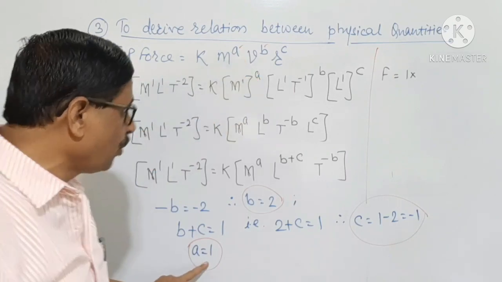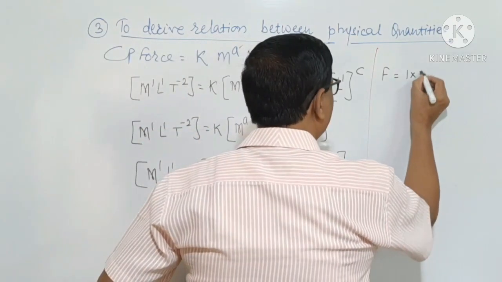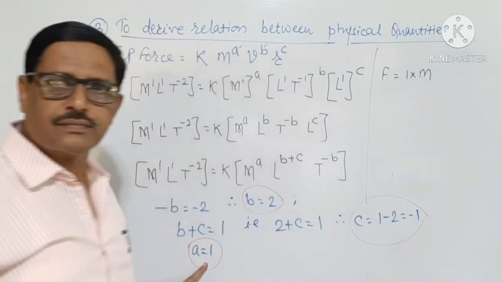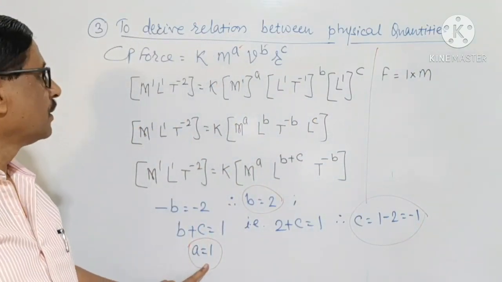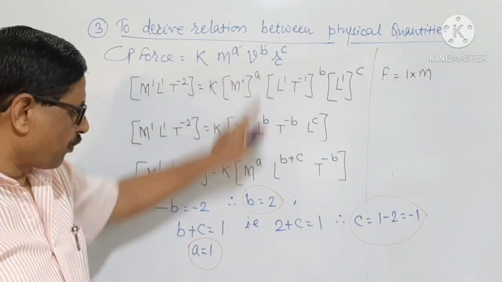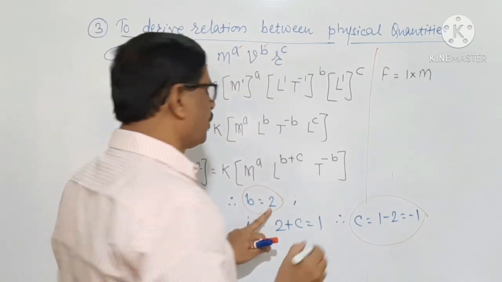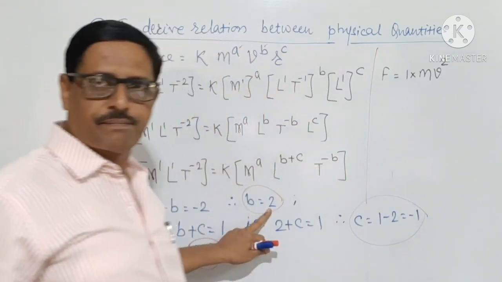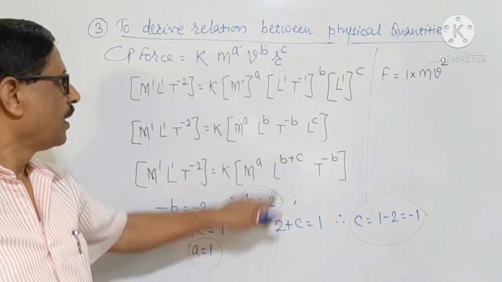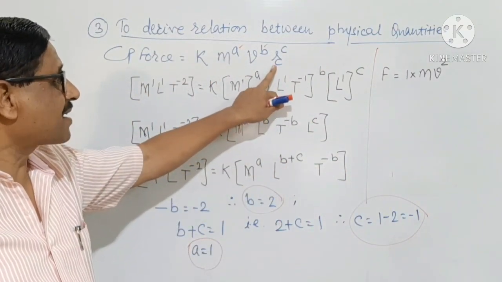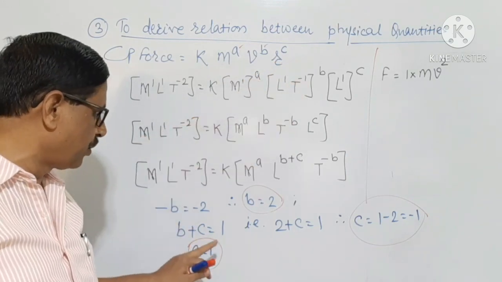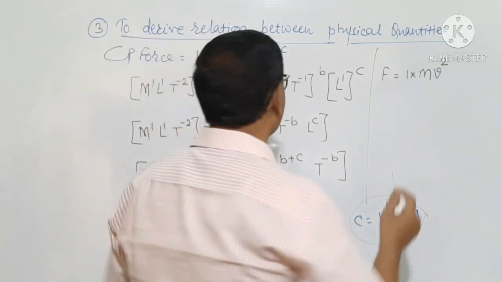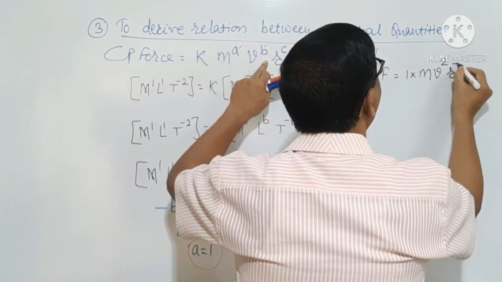But a equal to 1. Therefore, I will simply write it as m. Then v raised to b. But b is 2. Therefore, I will write v square. And at last r raised to c. c equal to minus 1. Therefore, r raised to minus 1.